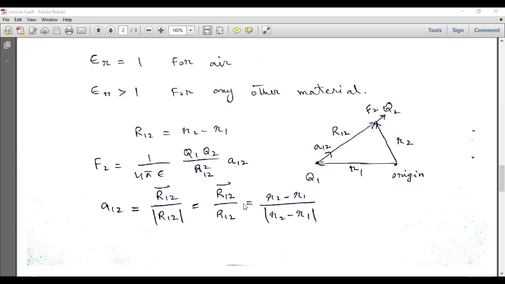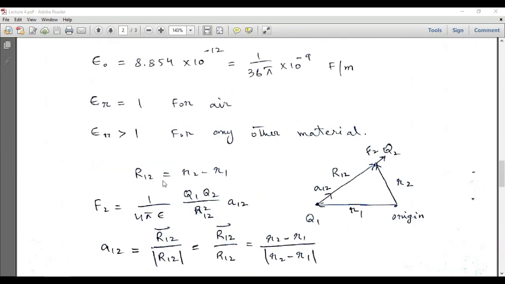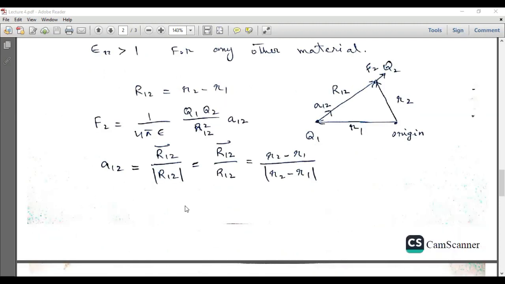A12 is the unit vector. So A12 is equal to the R12 vector over its magnitude, which is R2 minus R1 divided by the magnitude of R2 minus R1.